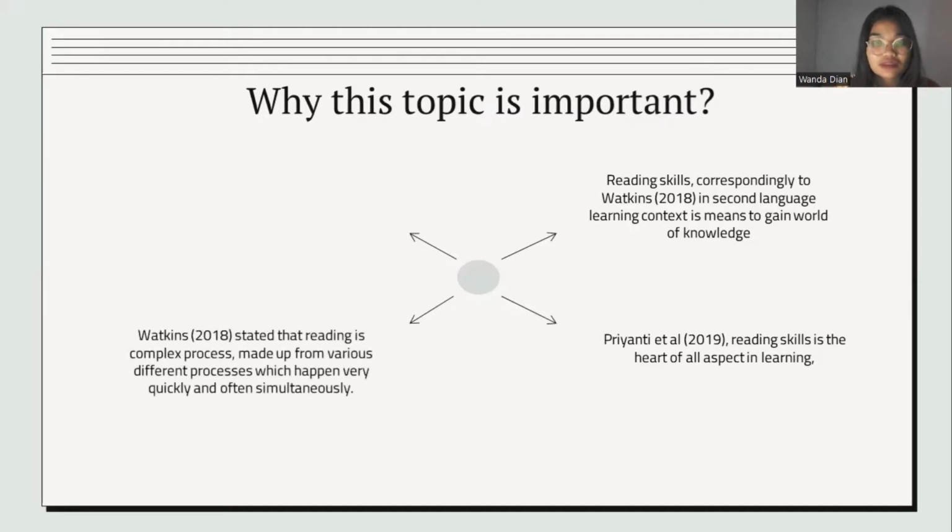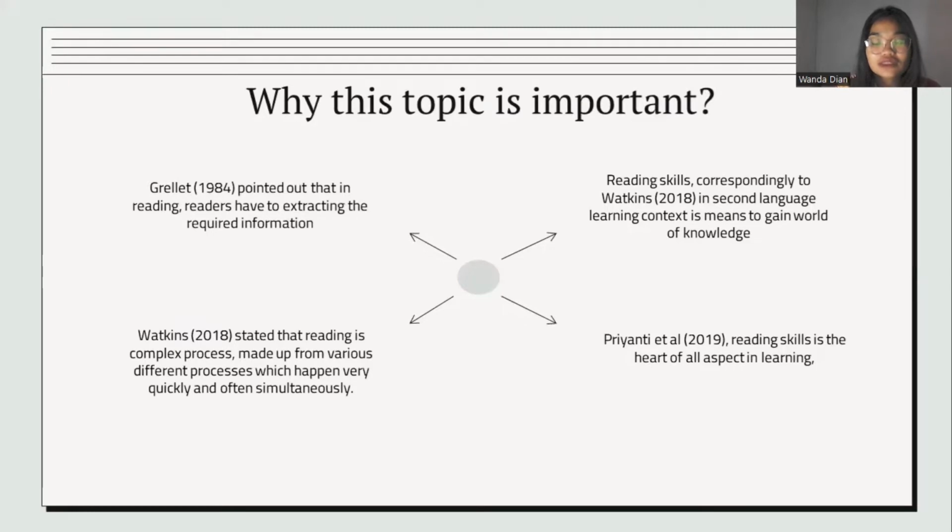However, many people still think that reading is a simple skill because in reading we only read the text, but according to Wadi in 2018, reading is actually a complex process made up of various different processes which happen very quickly and often simultaneously. Rellick 1984 also pointed out that in reading, readers have to extract the required information.